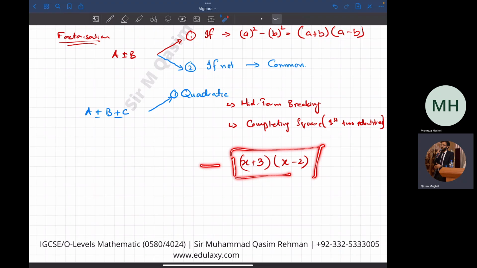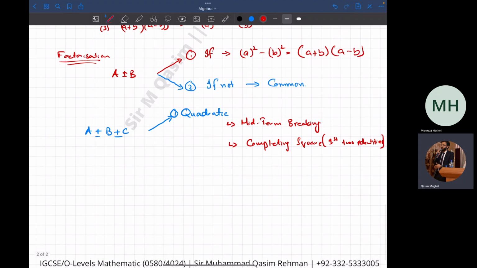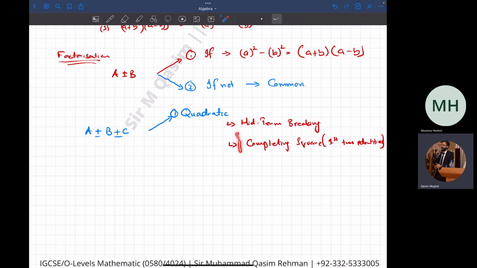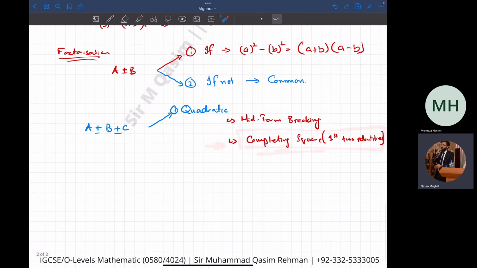Clearly, these are not special factors. So you won't be able to factorize the same expression by the completing square method, and you won't know that until you have factorized it. So the default method to factorize should be the middle term breaking method. And if the examiner asks you to factorize it by the completing square method, then you should go for that one.